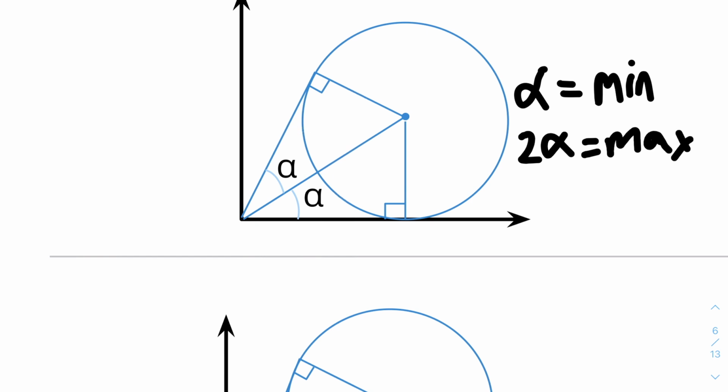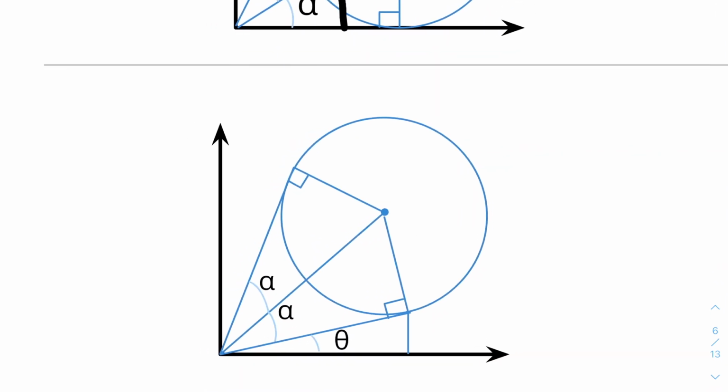Imagine you make a line from the origin to the center of the circle, and the angle right here will be the minimum. And if you draw another line from the origin to where it touches, which is basically the tangent to the circle, where it forms a 90 degree angle, this angle right here would be the maximum.